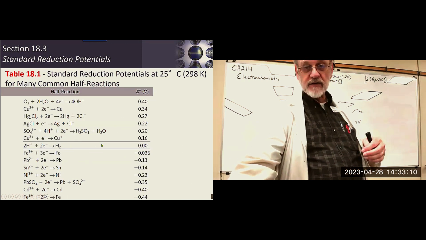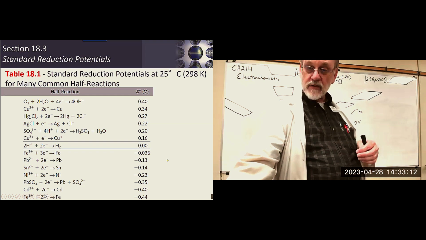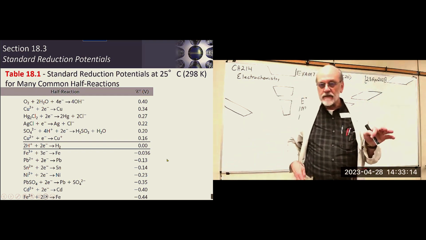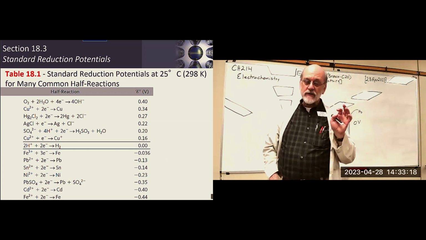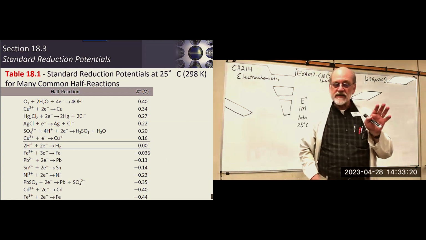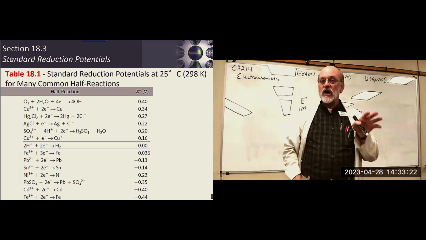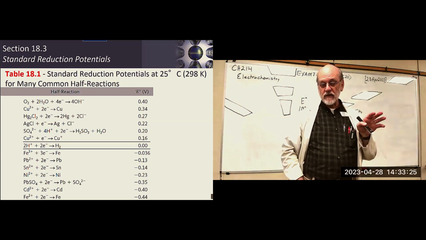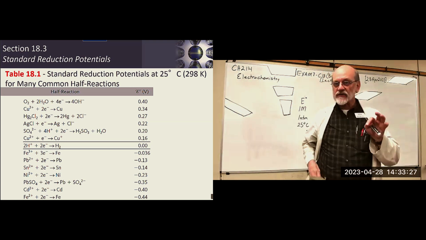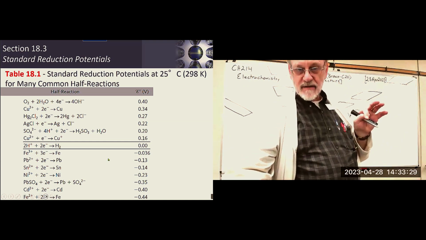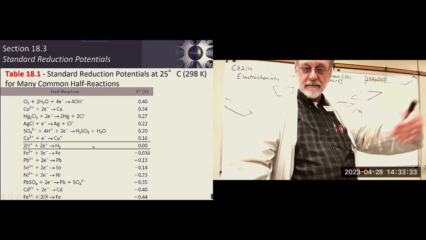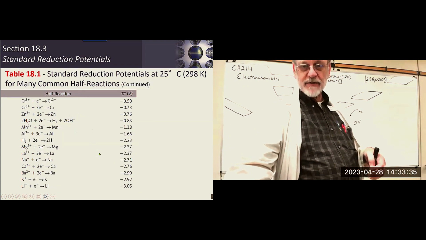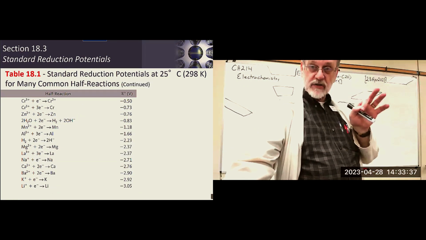There's hydrogen, 0. Now, when we get below hydrogen and the values become negative, the hydrogen, instead of being oxidized, now we're getting reduction at the hydrogen electrode, and we're getting oxidation at everything else. So these have to be reversed relative to hydrogen, but they're reported as reductions.